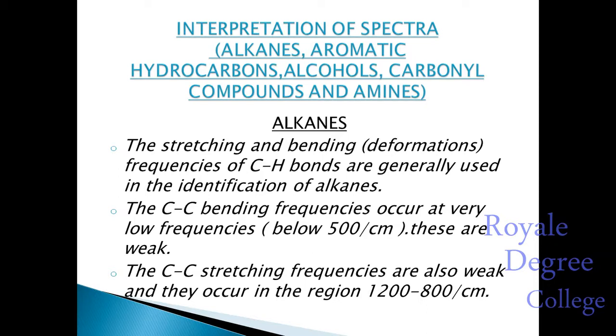The C single bond C bending frequencies occur at very low frequencies, below 500 per centimeter. These are weak. The C single bond C stretching frequencies are also weak, and they occur in the region 1200 to 800 per centimeter.